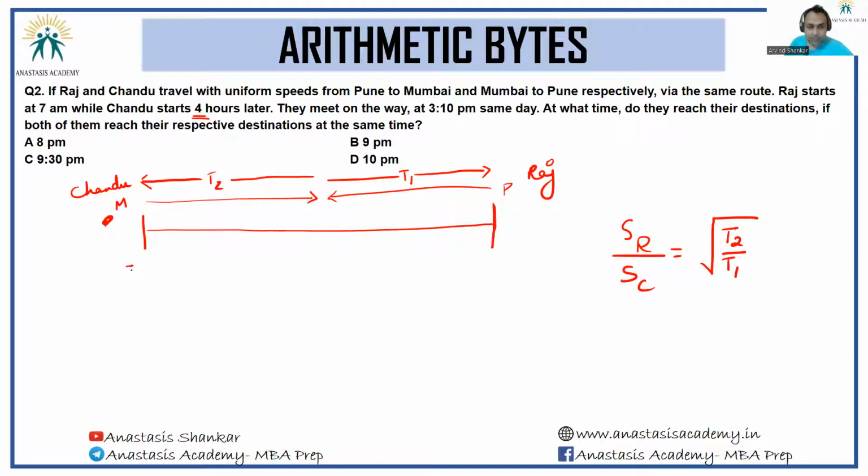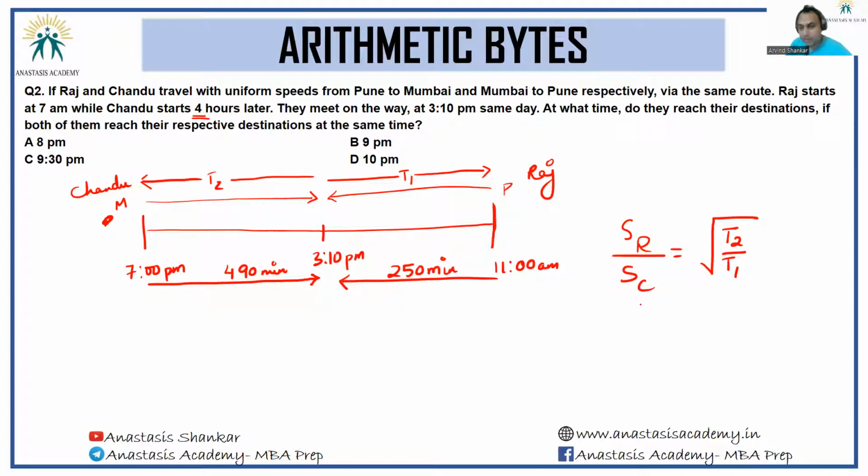after one guy started at 7 a.m., one guy started at 11 a.m., and they met somewhere in between at 3:10 p.m. Can you see? This guy had traveled for 4 hours 10 minutes or 250 minutes, and this guy had traveled for 8 hours 10 minutes or 490 minutes.